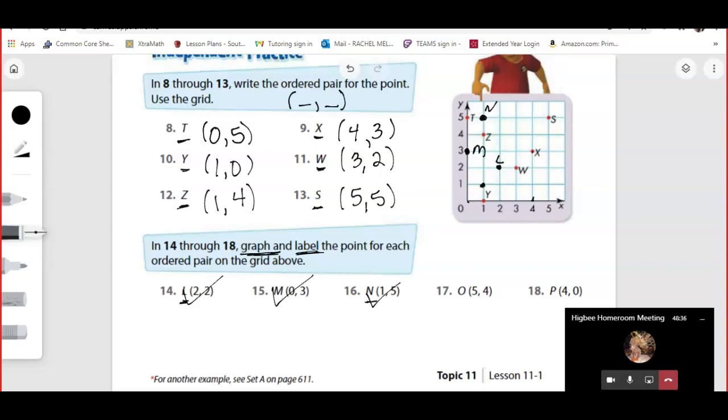Who would like to tell me about O? Rita, where will O go? Go 5 to the right and then go up 4. Very good. And what's this label? O. All right, and last one, we want the letter P. Antoine, tell me, how do I get P on there?